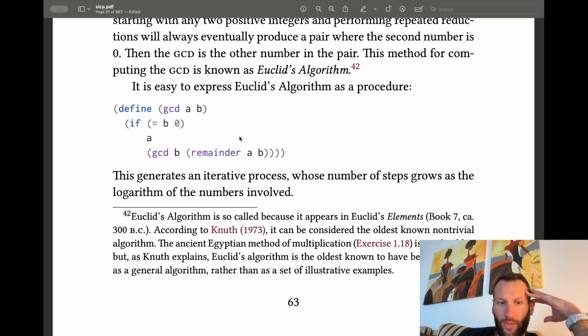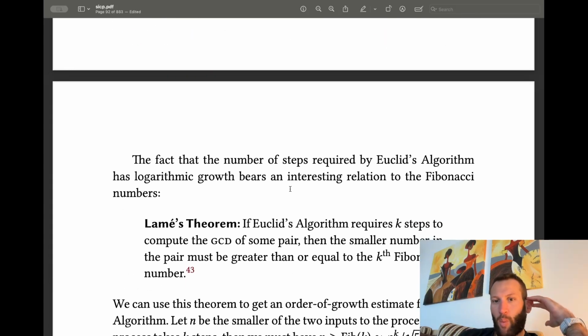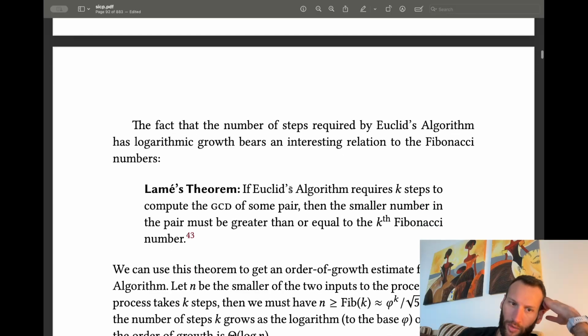This generates an iterative process whose number of steps grows as the logarithm of the numbers involved. Yes, I can see why, because basically every time you are dividing. The fact that the number of steps required by Euclid's algorithm has logarithmic growth bears an interesting relation to the Fibonacci numbers.